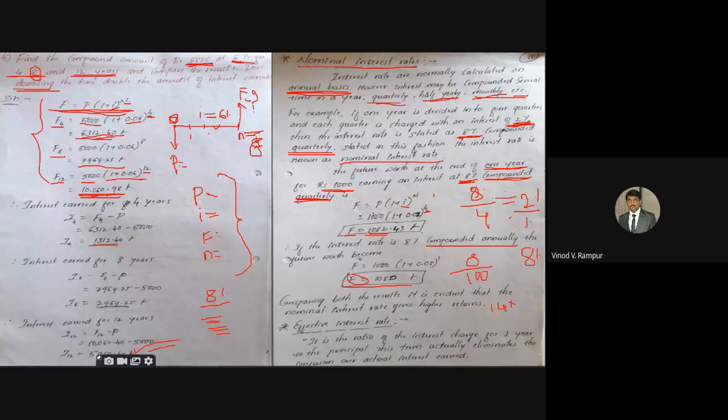That means, remember this, 1082.43 minus 1080, that means 2.43 rupees you are extra paying for every 3 months payment. Is it clear? That means if you are calculating compounded annually, you are getting this value, that is 1080. But if you are compounded quarterly, then you are getting 1082.43.